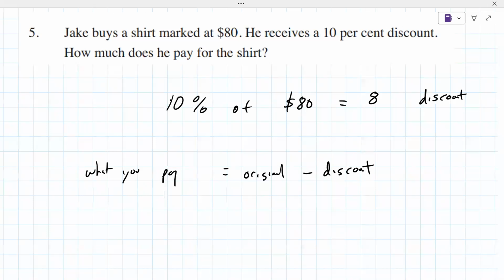What is the price that you pay at the register? 72. Good. 80 minus the 8 is $72.